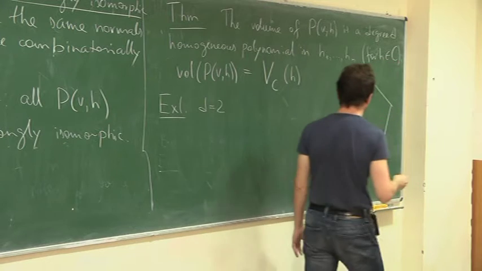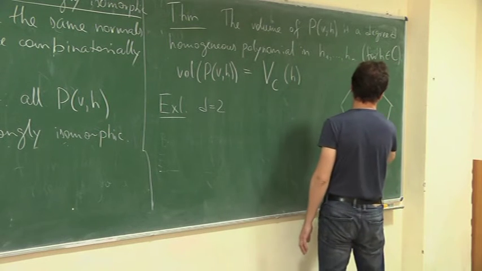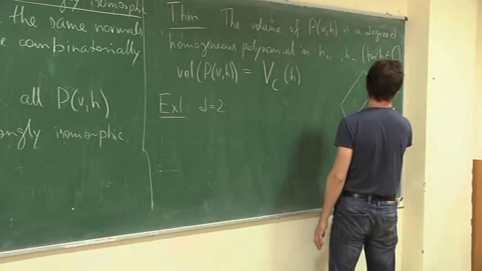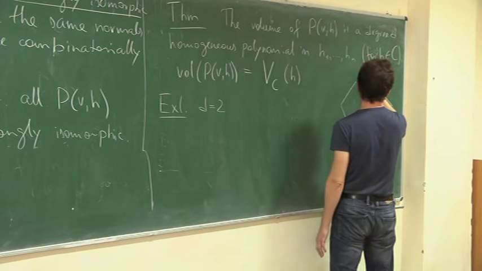So let this be the origin. So let this be one of the Hi's. So the corresponding direction is the vector vi.